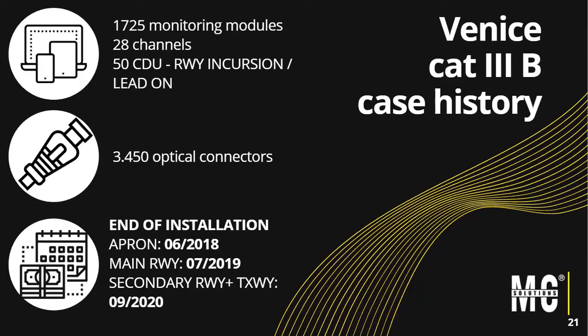Quite a long time. The first part was installed in June 2018, and the main runway in July 2019. And we tested with ENAC just on the 1st of October.